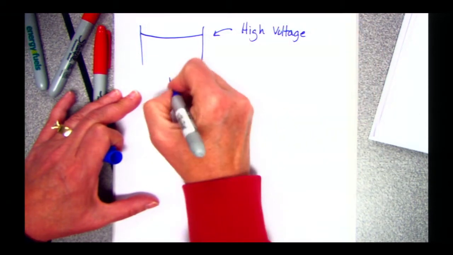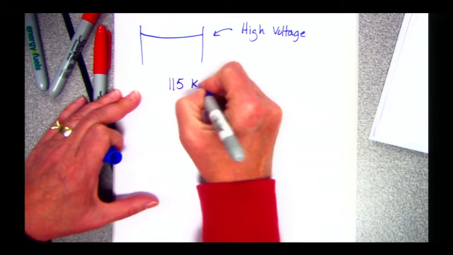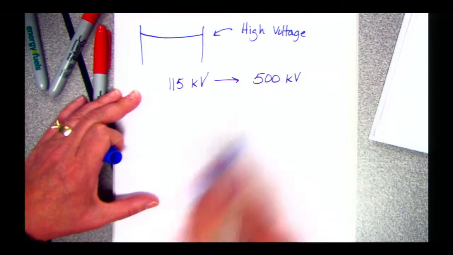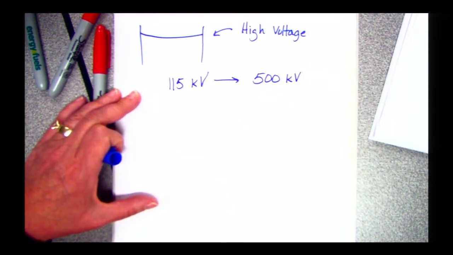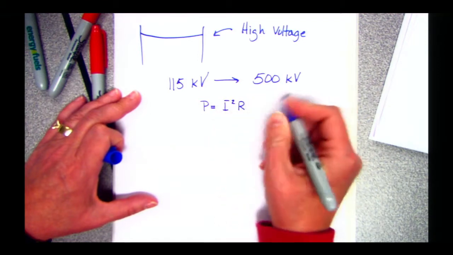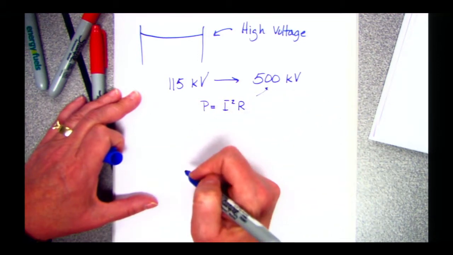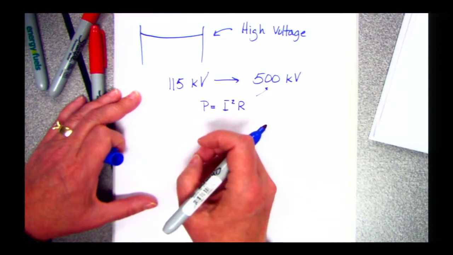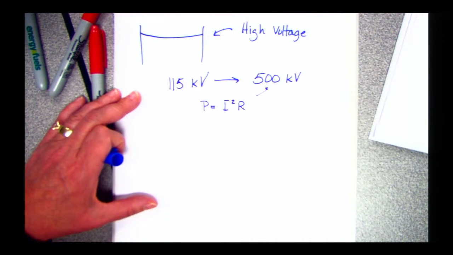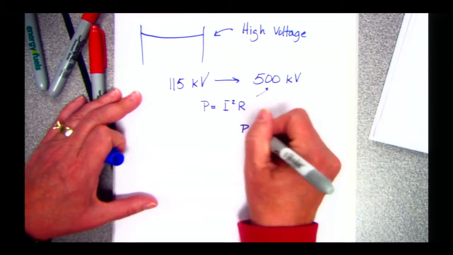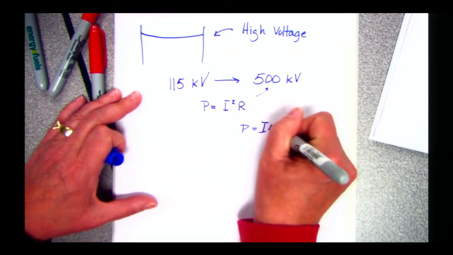My power lines, we've talked about, start at about 115 kilovolts. Typically in the US, we're at 500 kilovolts across the high voltage power lines. And the reason we want to be there is because power goes as I squared R, or if I look at it the other way, power can also go as the change in voltage.